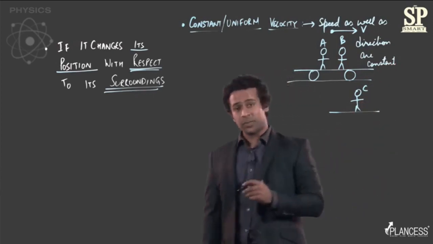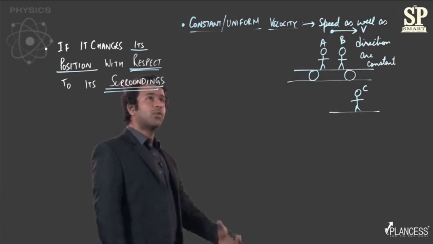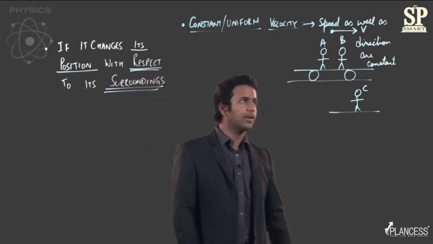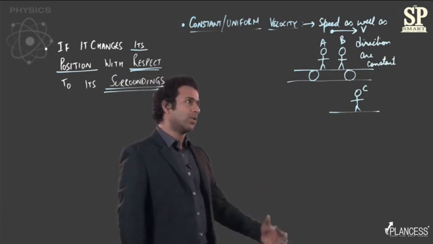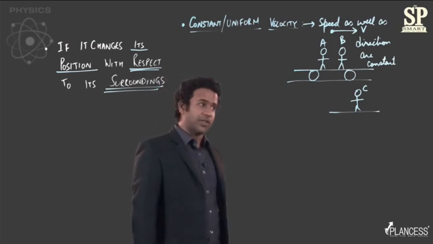So neither the speed nor the direction will change, right? Such a motion is also called uniform motion. So A and B, who are on a cart, are basically going through a uniform motion.